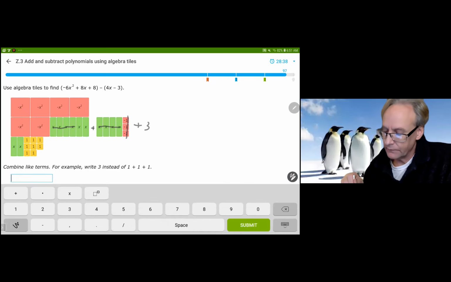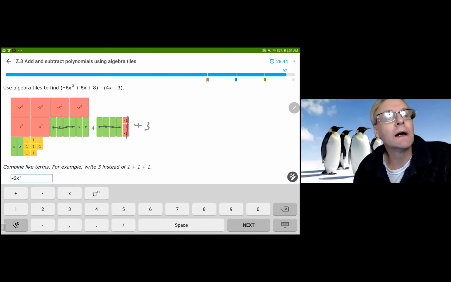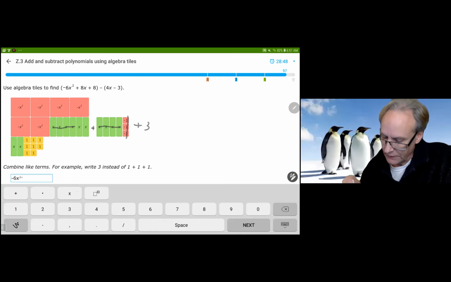Minus 5, 6x squared. And we've got 4x, yep, plus 4x. And then we've got 1, 2, 3, 4, 5, 6, 7, 8, 9, 10, 11, plus 11. And that looks like it.